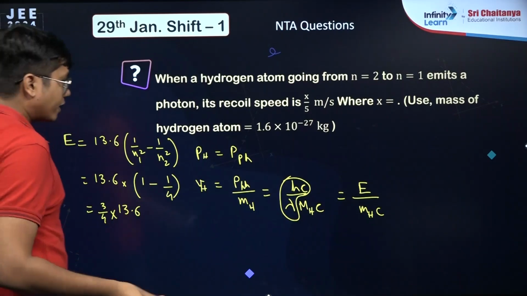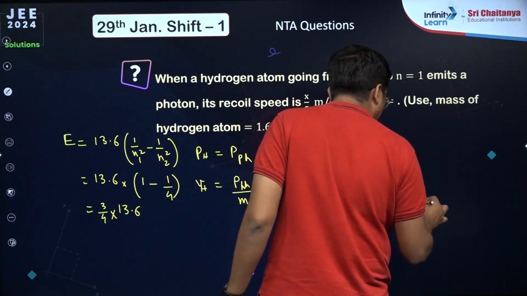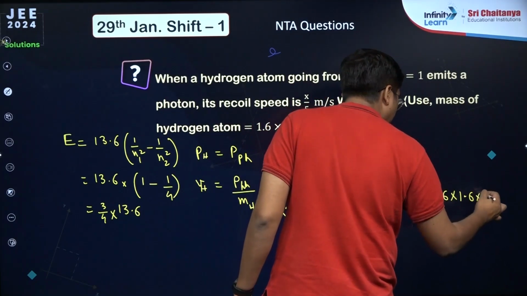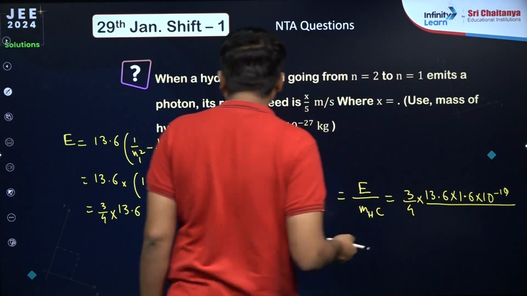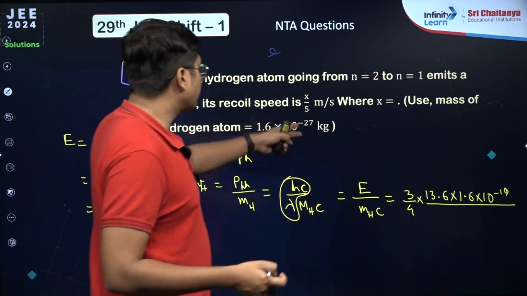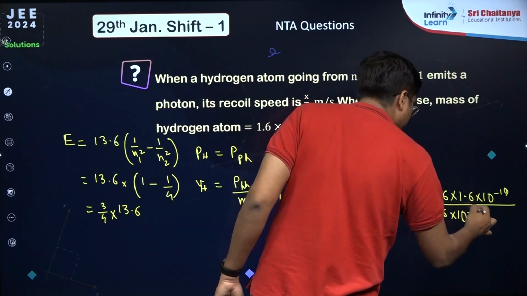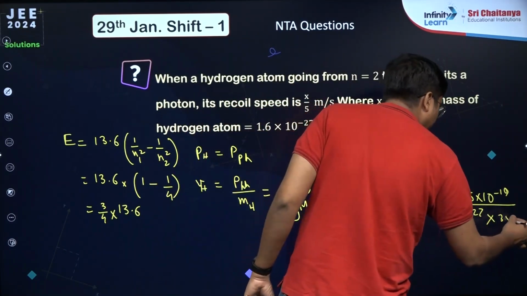So we can put that in here. 3 by 4 times of 13.6. It was in electron volt, so 1.6 into 10 to the power minus 19, divided by mass of hydrogen, which is 1.6 into 10 to the power minus 27, multiplied with the speed of light, 3 into 10 to the power 8.